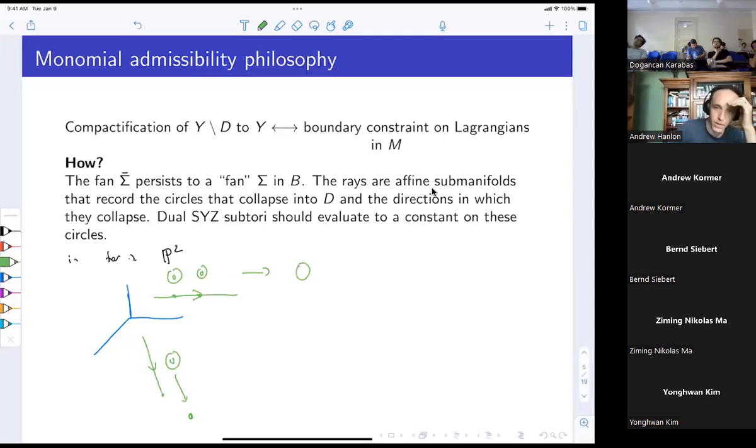I have two questions, Andrew. May I ask? So the first one is maybe a philosophical question. So you're starting with Y, D on the B side, and then you construct some symplectic manifold. Yes.